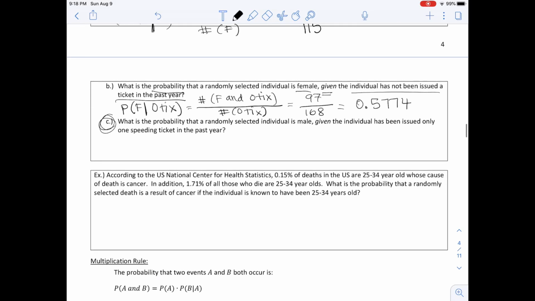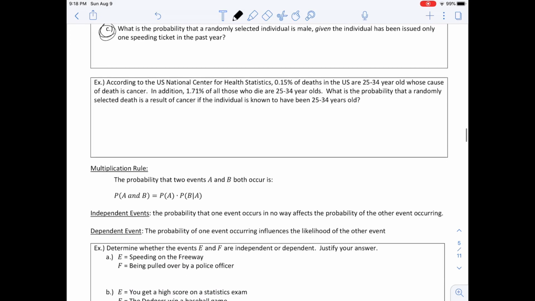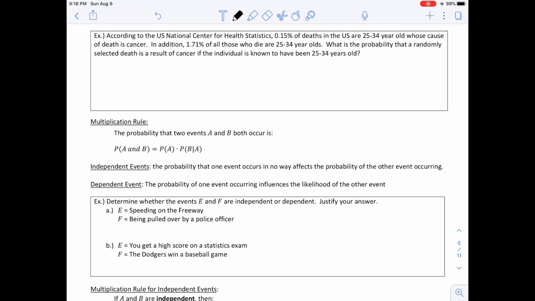Part C, we're going to go ahead and circle, and we will look at that one together. You can go ahead and try it on your own and see if you can get the correct answer by yourself. The next example that we have says, according to the U.S. National Center for Health Statistics, 0.15% of deaths in the U.S. are 25 to 34-year-olds whose cause of death is cancer.